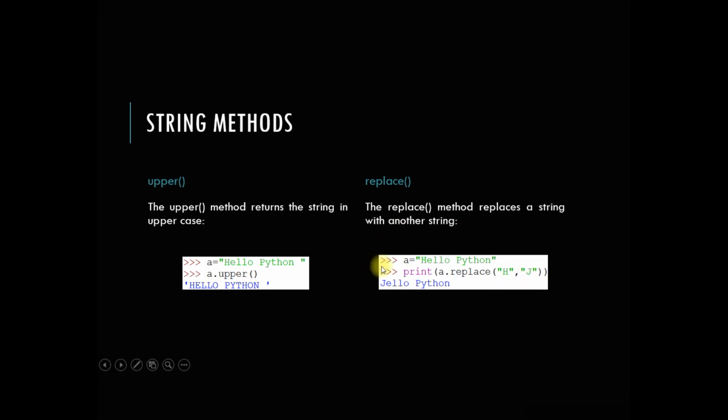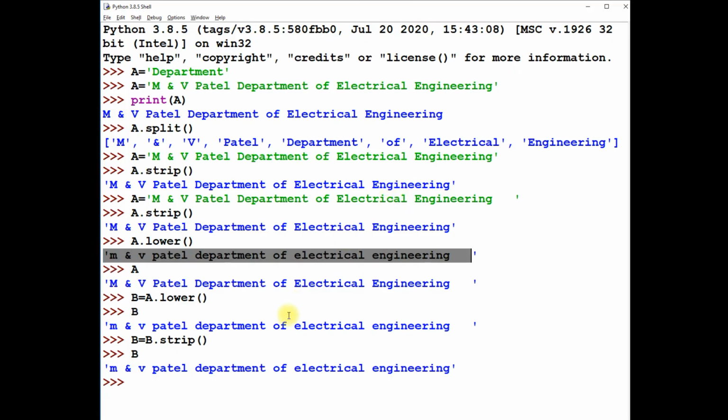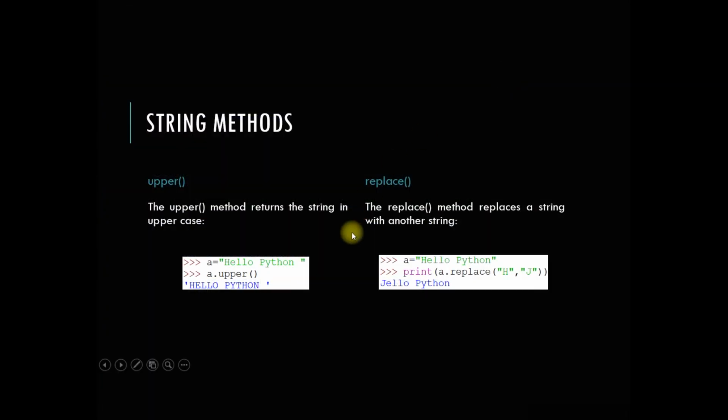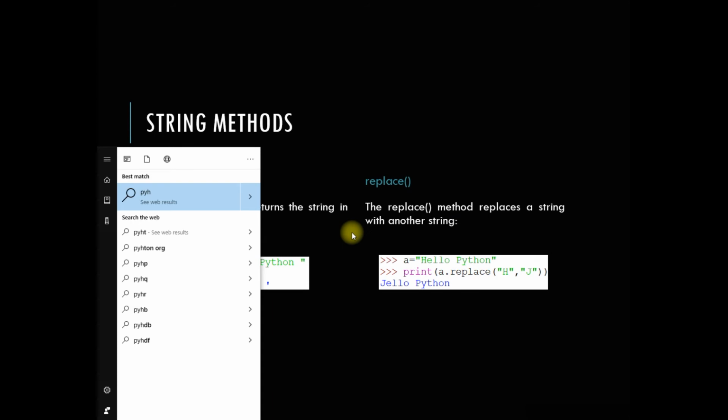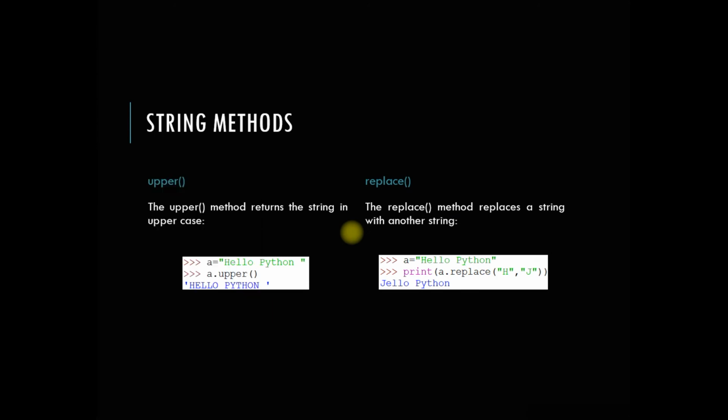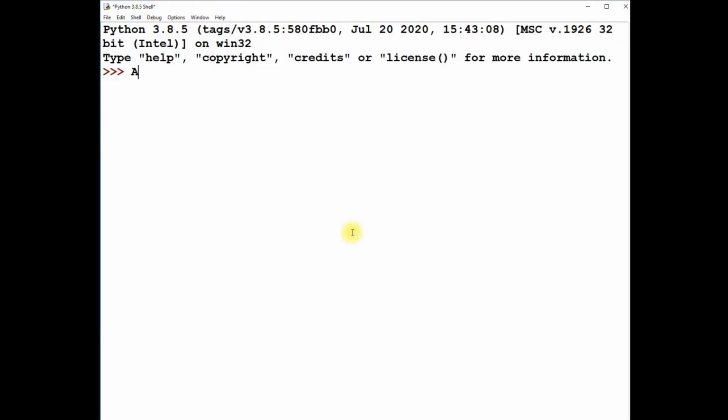In the same way I have this replace method which will replace something with something. Let's have an example. Let's have a blank window. Suppose I have some value, let us say some XYZ value.